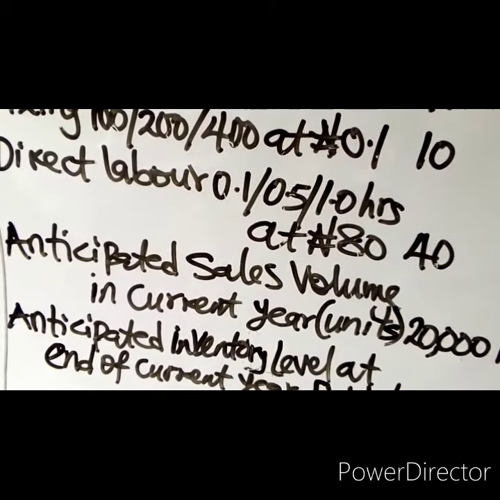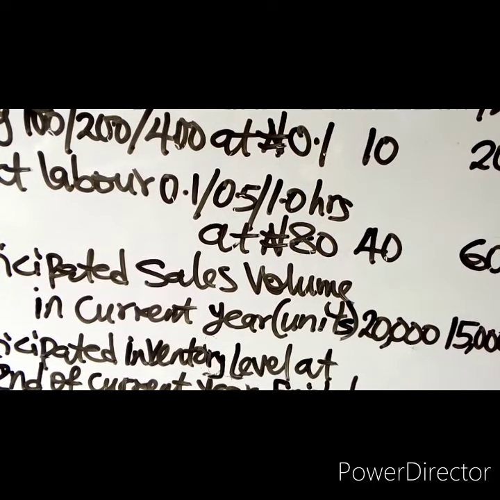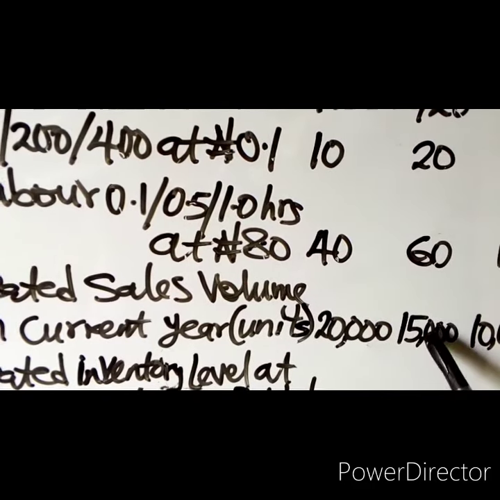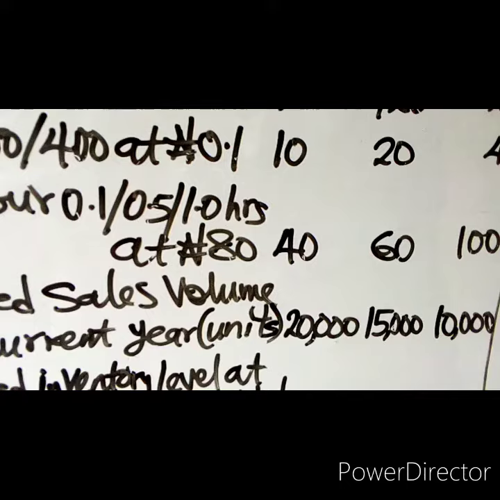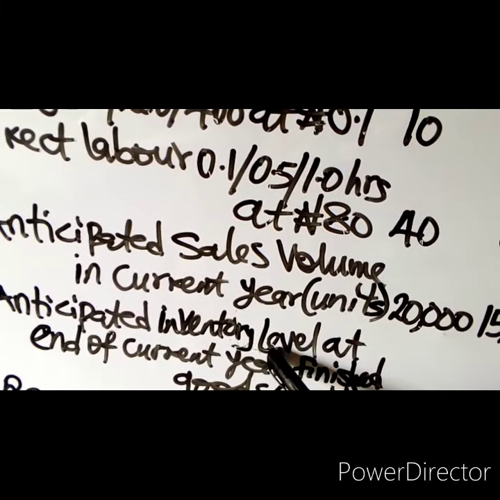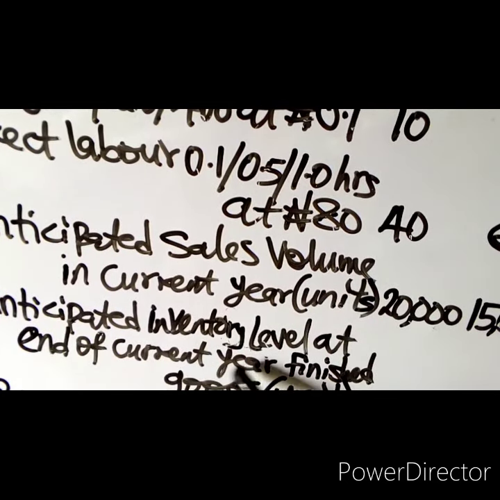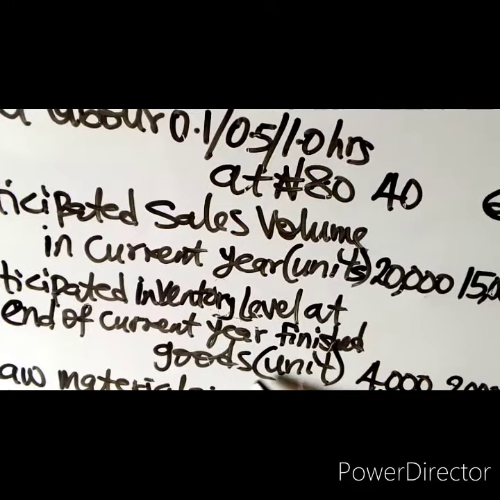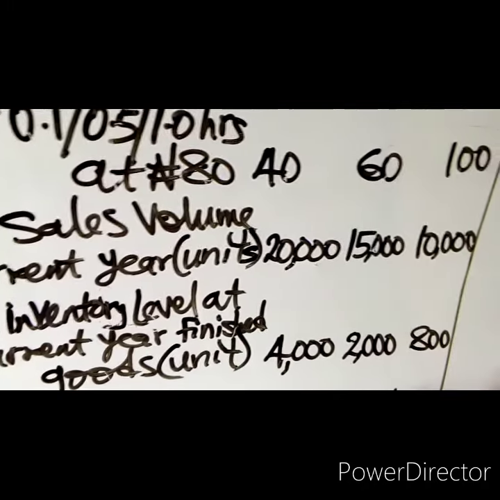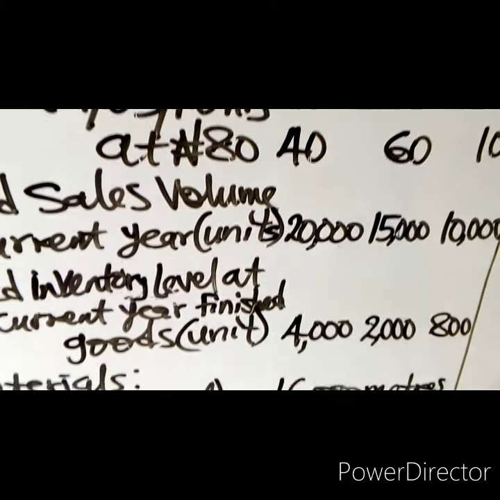Anticipated sales volume in the current year, in units, is 20,000, 15,000 and 10,000. Anticipated inventory level at the end of the current year: finished goods in units, we have 4,000, 2,000 and 800.